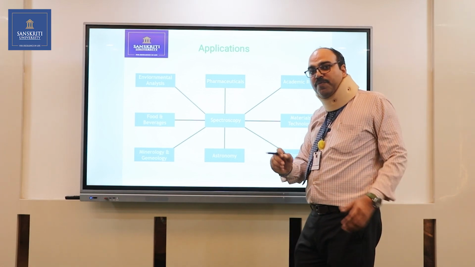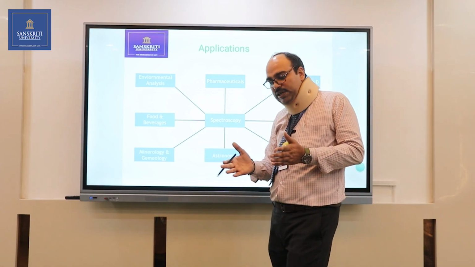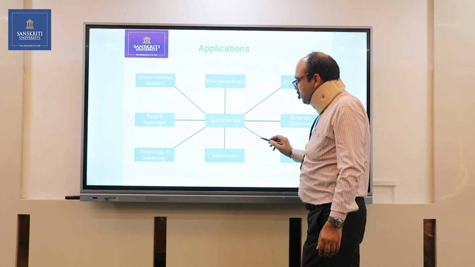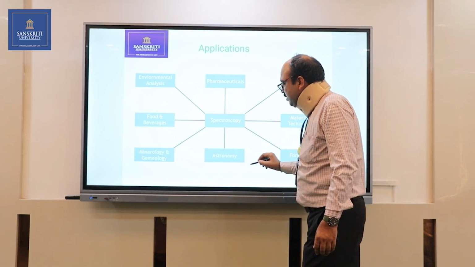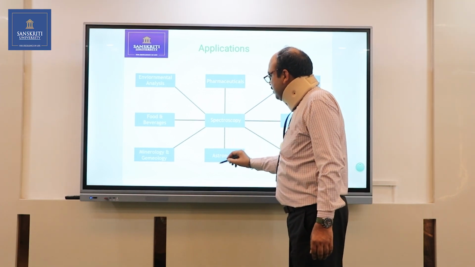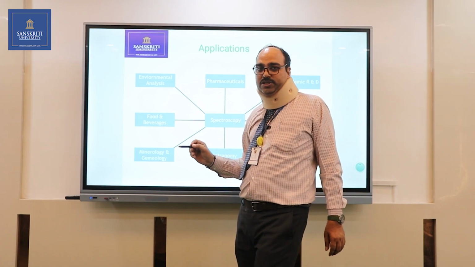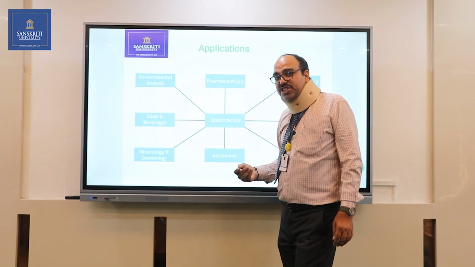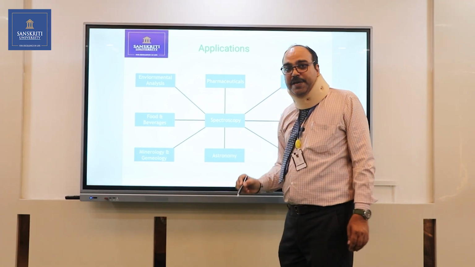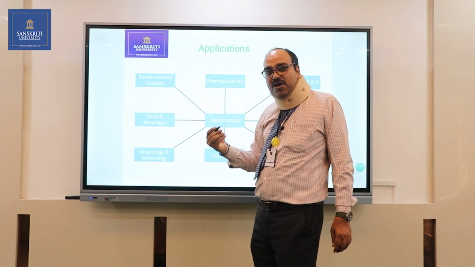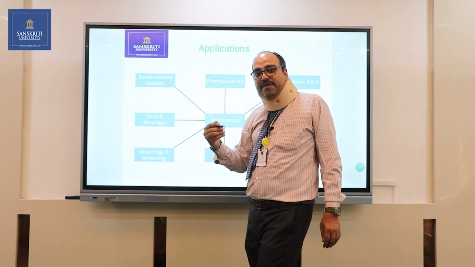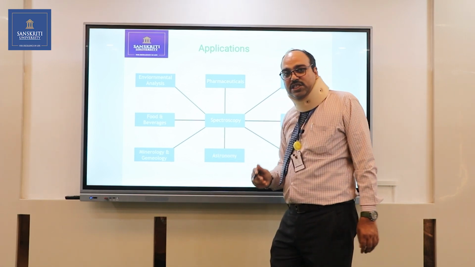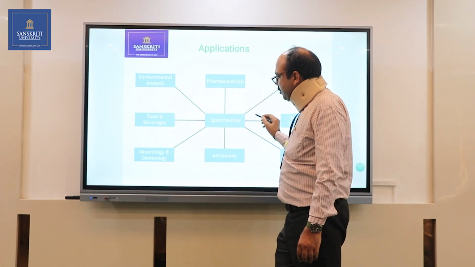Even traces of blood on clothes can be identified with spectroscopy. In astronomy, spectroscopy is used as well. In our recent project Chandrayaan, spectroscopy was used, and we found spectra indicating the availability of water on the surface of the moon.